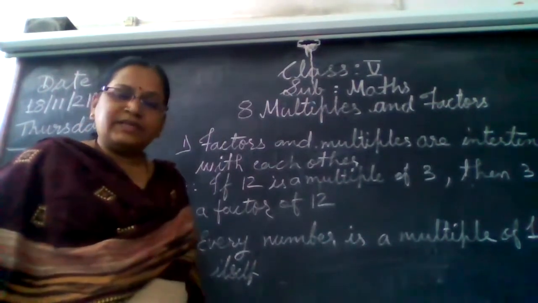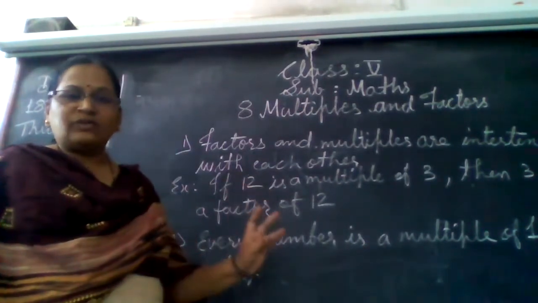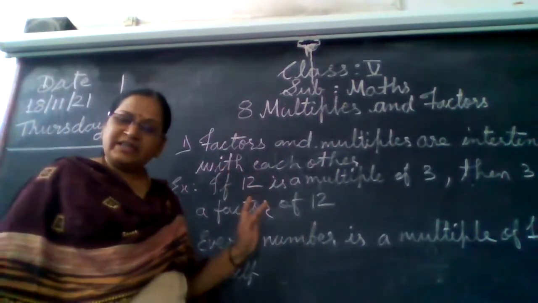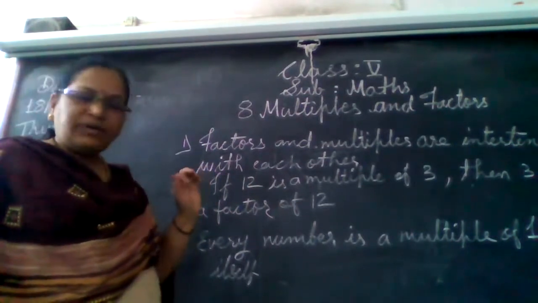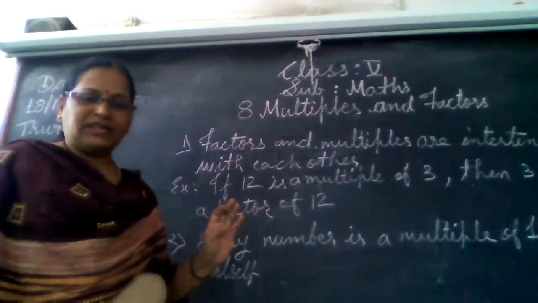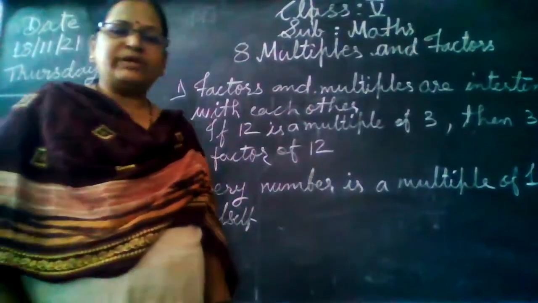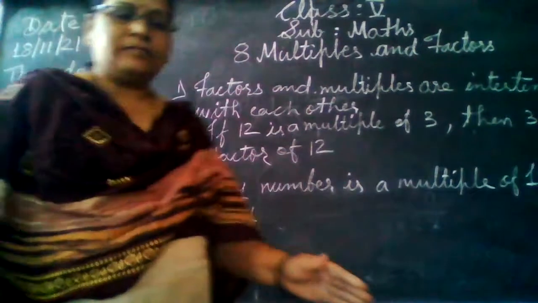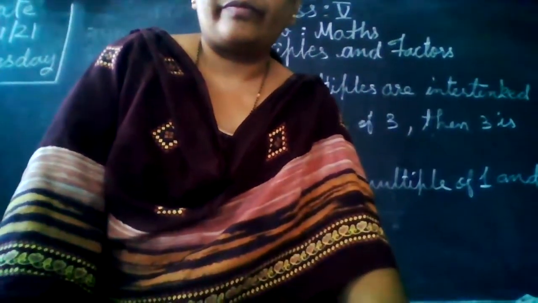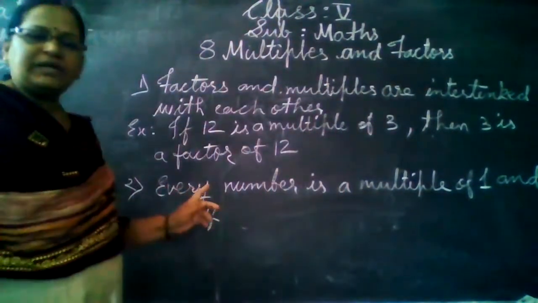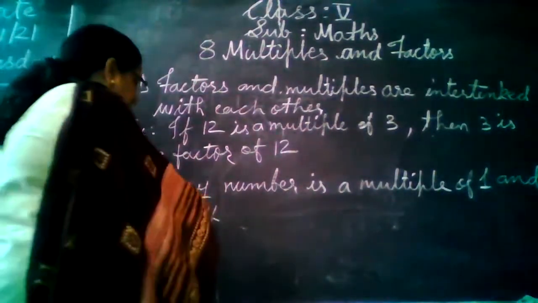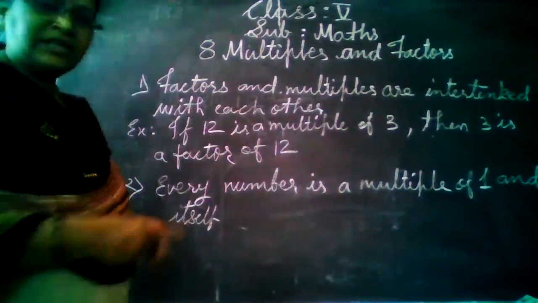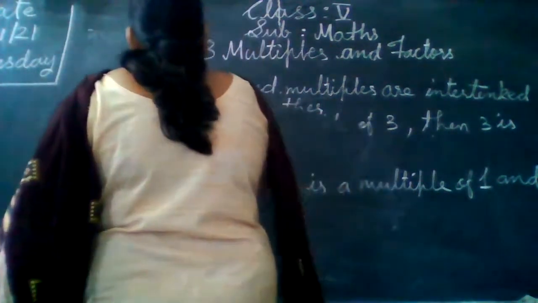For example, 3. So 1 ones are 1, 1 twos are 2, 1 threes are 3. Means 3 is a multiple of 1. And now take 3. 3 ones are 3. So in 3's table, 3 occurs. That means what, beta? Every number is a multiple of 1 and itself. Got it, children?